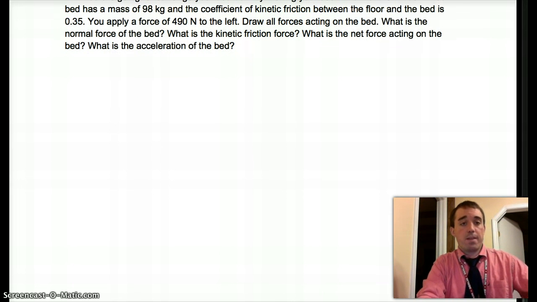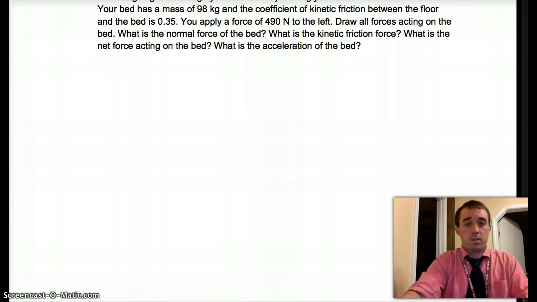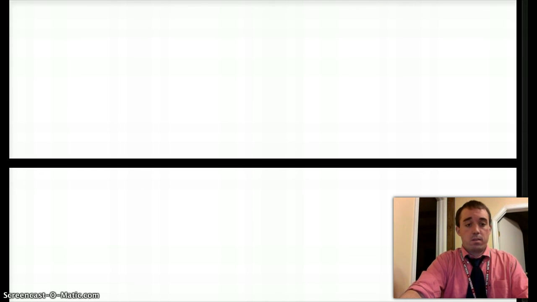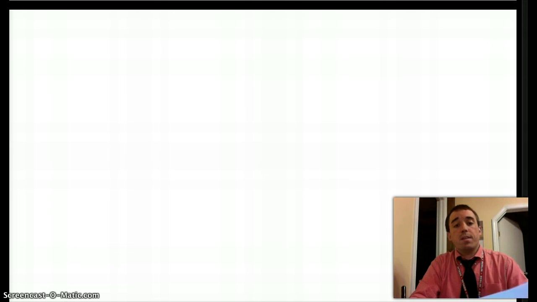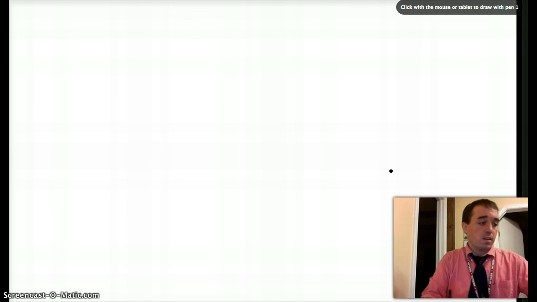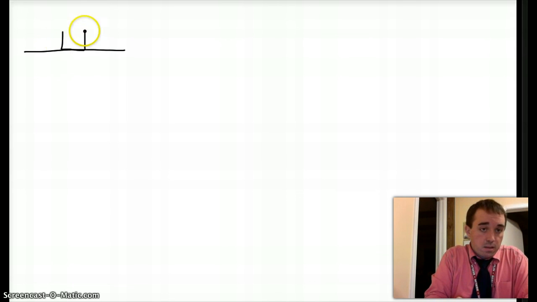13 and 14 I don't have on here, so I'm just going to wipe this out. Blank page. 13 and 14 were just new problems. You had the following force diagram, really, and we had Fg of 300 newtons.